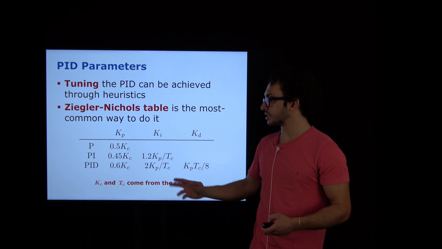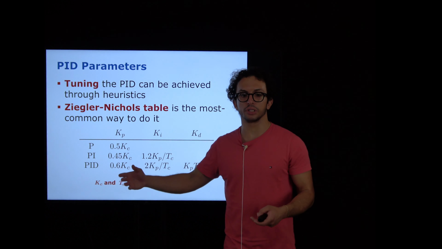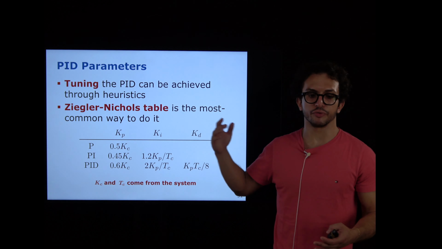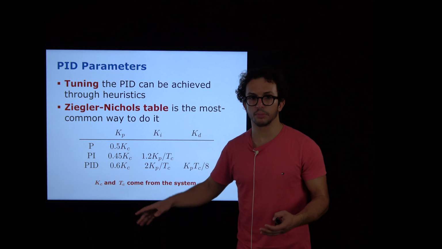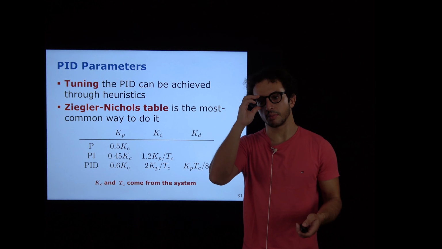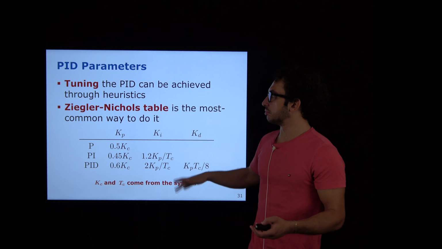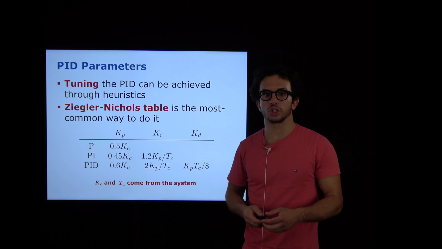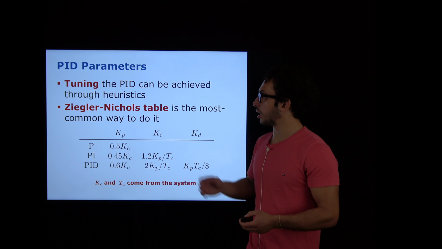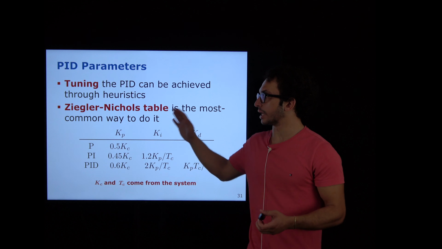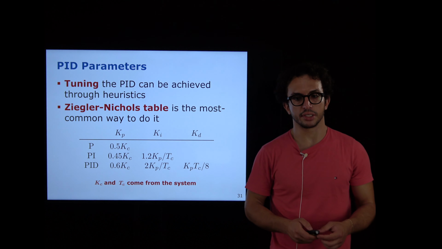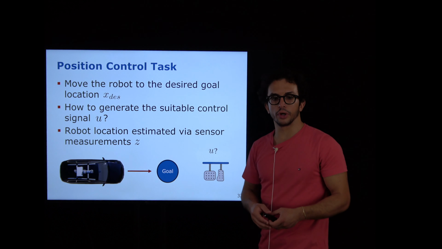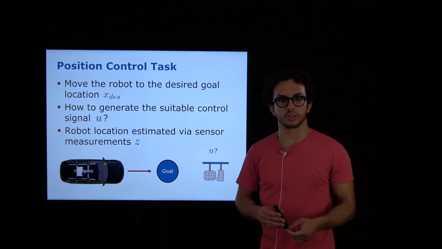And we have some constants which depend on the system, basically the zero state gain of the system and the time of evolution of the system. But this is just one way to tune it, common in the literature. So I wanted to mention it here so that you know what this Ziegler-Nichols table is. Let's go on with some examples.